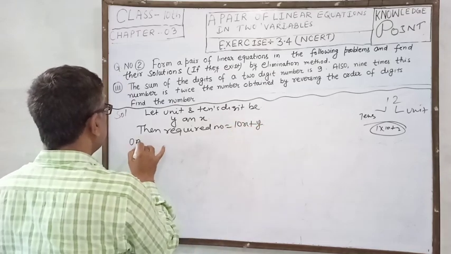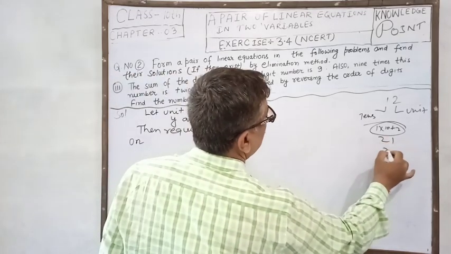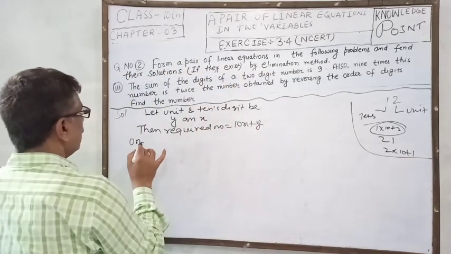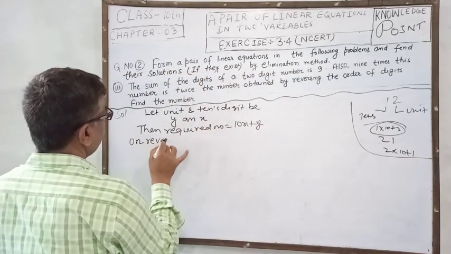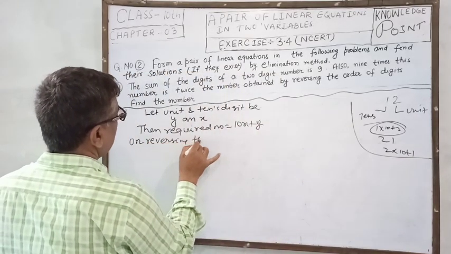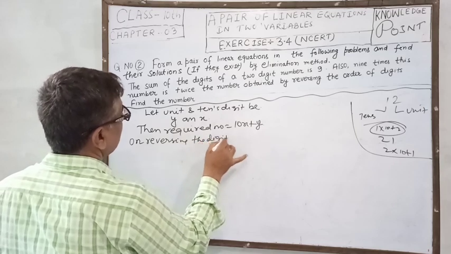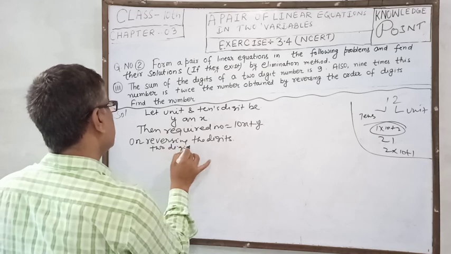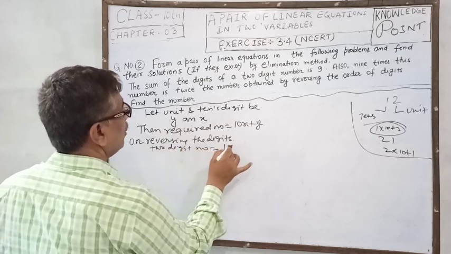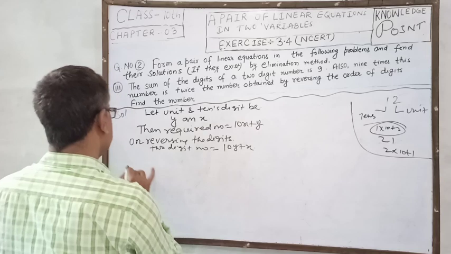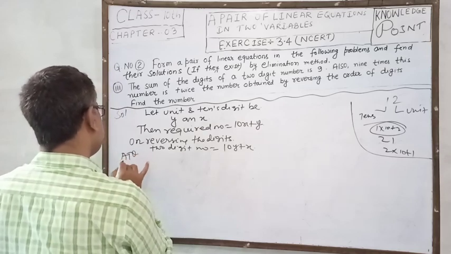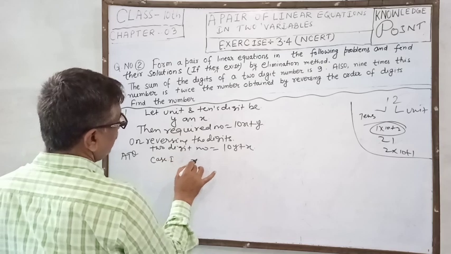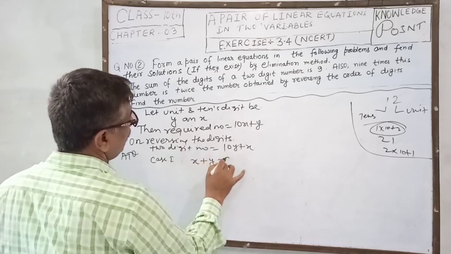On reversing digits, that means 21, 2 into 10 plus 1. Similarly, on reversing the digits, the two-digit number equals 10y plus x. Now according to the question, case first, sum of digits, that means x plus y equal to 9.